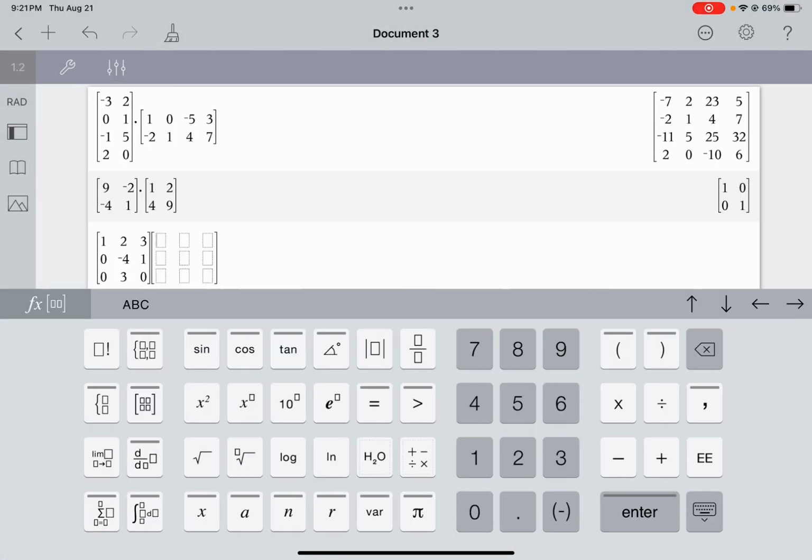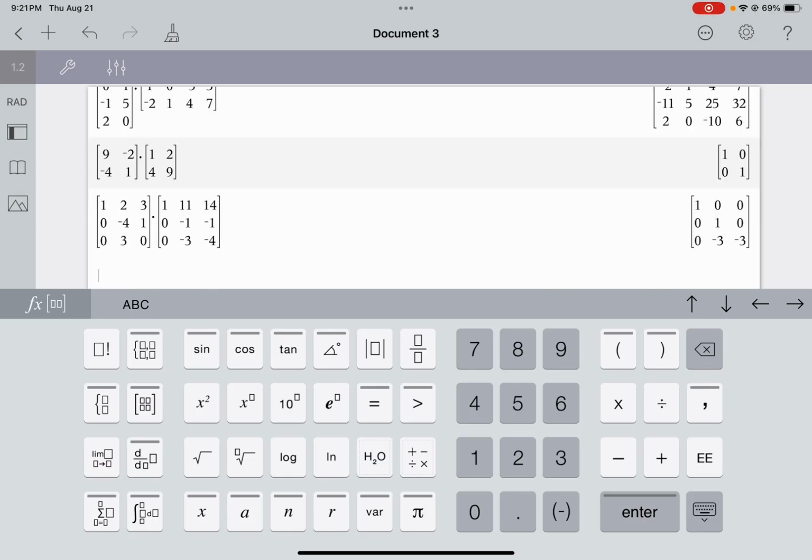Okay, type in the second one. Okay, press enter, and notice here we get something that is not the identity matrix because that last row has -3, -3 in 2 of the columns.